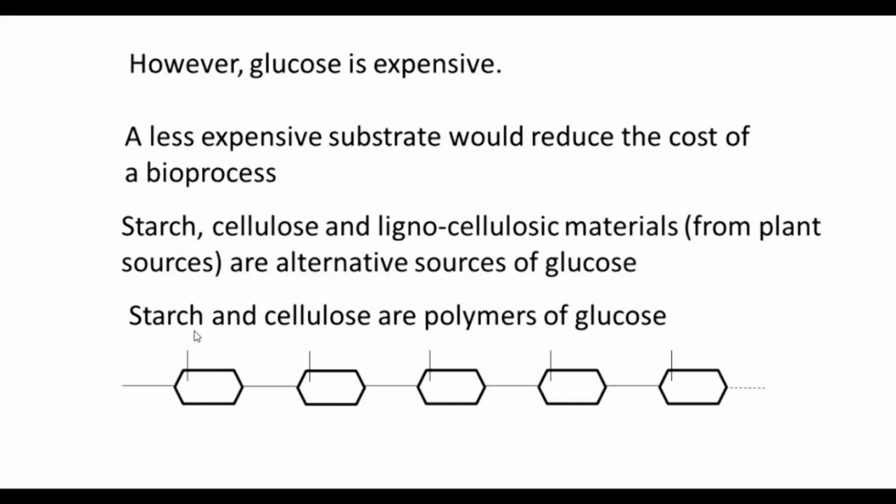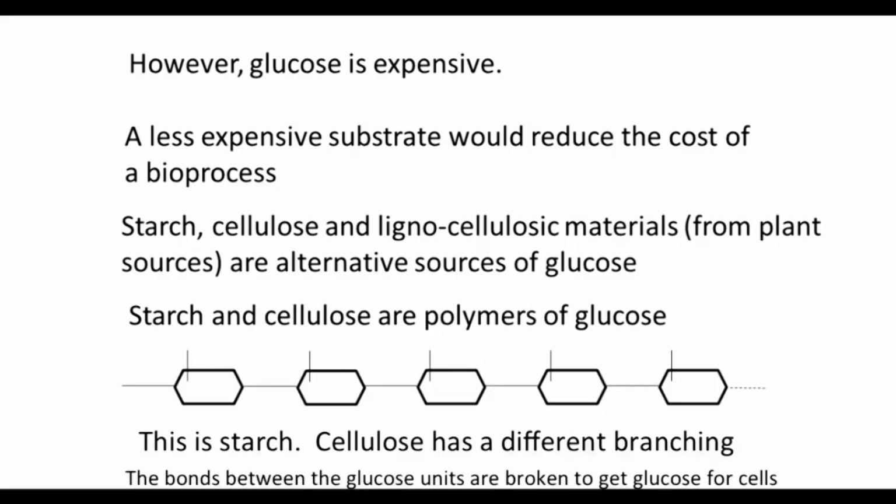Starch is found in abundance, and therefore it is less expensive than glucose, so starch can be a source of glucose for the cells. Cellulose happens to have a slightly different branching. Amylose and amylopectin are starch, and cellulose has slightly different bonding and branching. They are all polymers of glucose. If you find a way to break down the bonds between them and release the monomers, then they become available for the cells to consume and produce a product of interest.